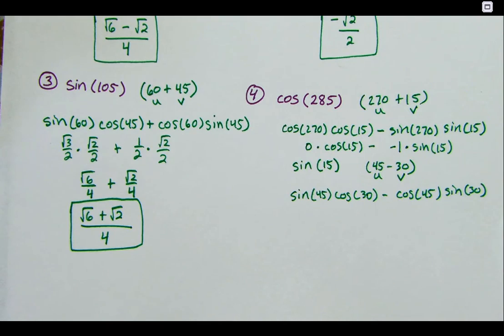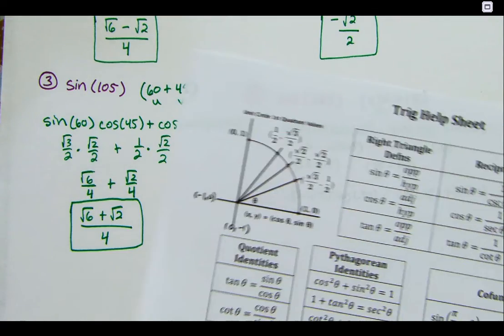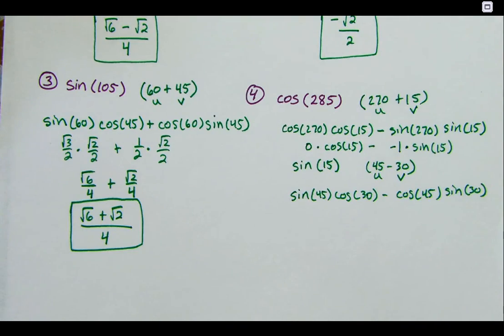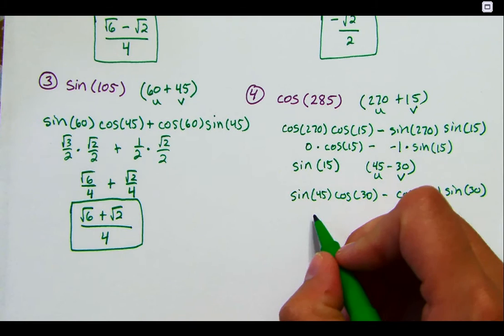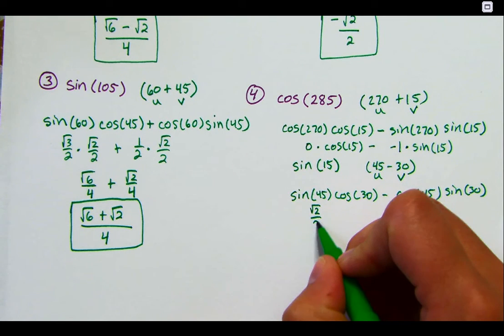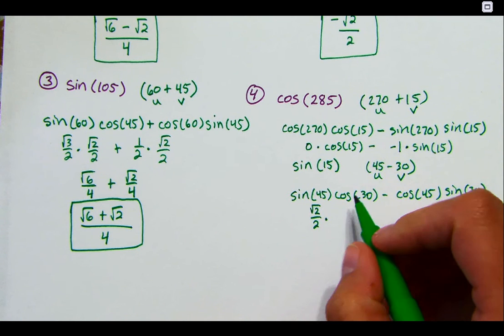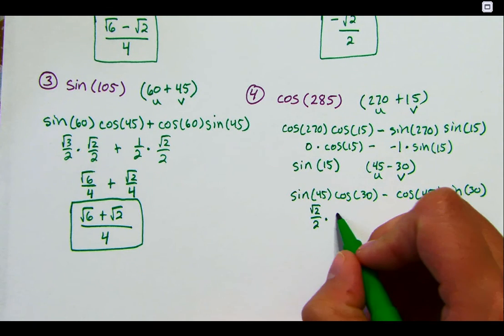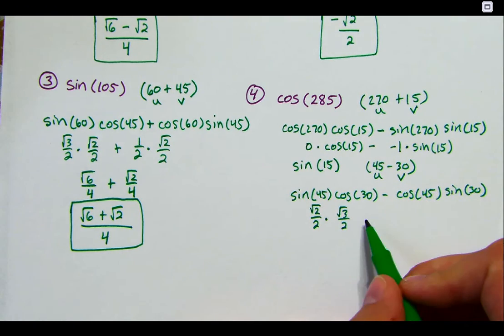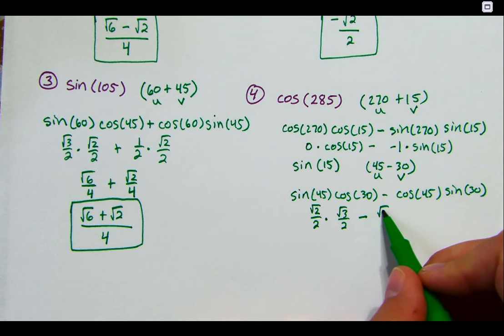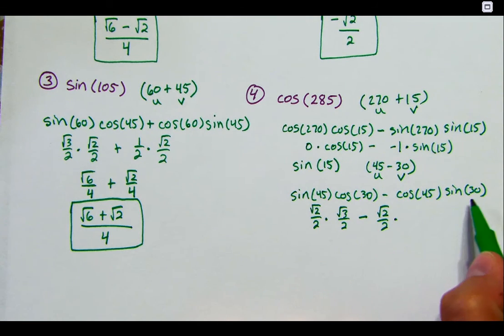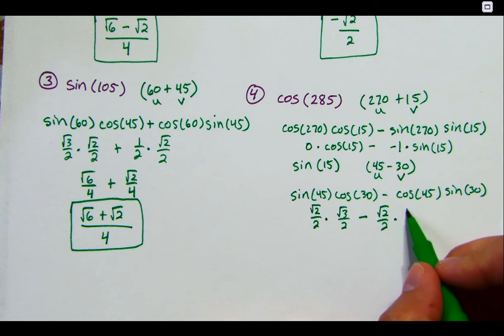Okay. And then back up to my little corner sheet. So using this to come up with my exact answers. So sine of 45 is the square root of 2 over 2. Cosine 30 is the square root of 3 over 2. Cosine 45, square root of 2 over 2, and then the sine of 30 is 1/2.